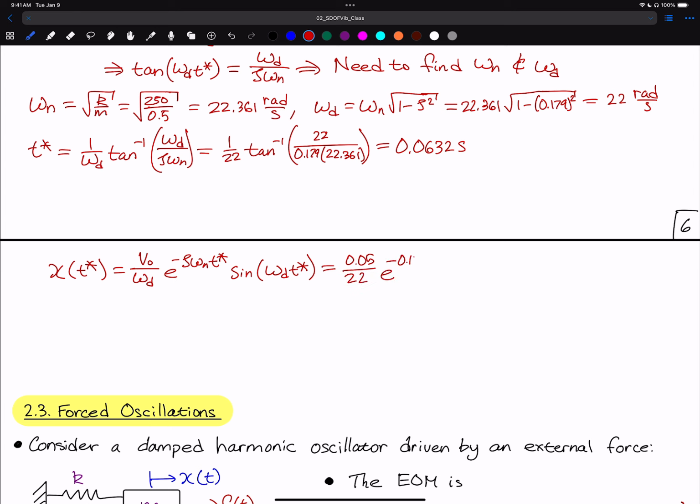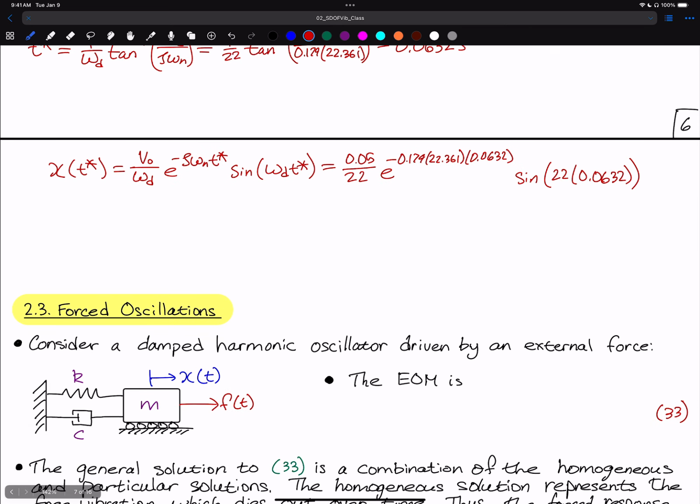to the minus 0.179 times 22.361 times 0.0632 times the sine of 22 times 0.0632.